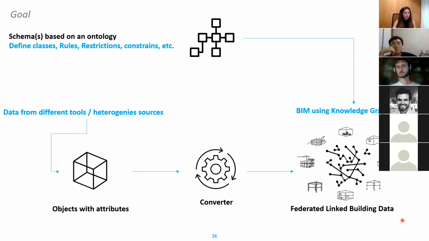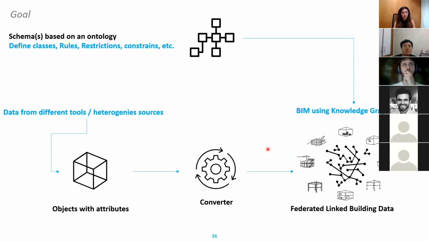So now, again, what is the goal of how we want to use this workshop and the tools that we provide? We need to model data. We need to have a schema of this data. What is the overall schema? We want to define some rules, restrictions, and constraints. Then we actually need some real data, objects with attributes, and we need to convert this to the common standard data model so that we can really integrate data.